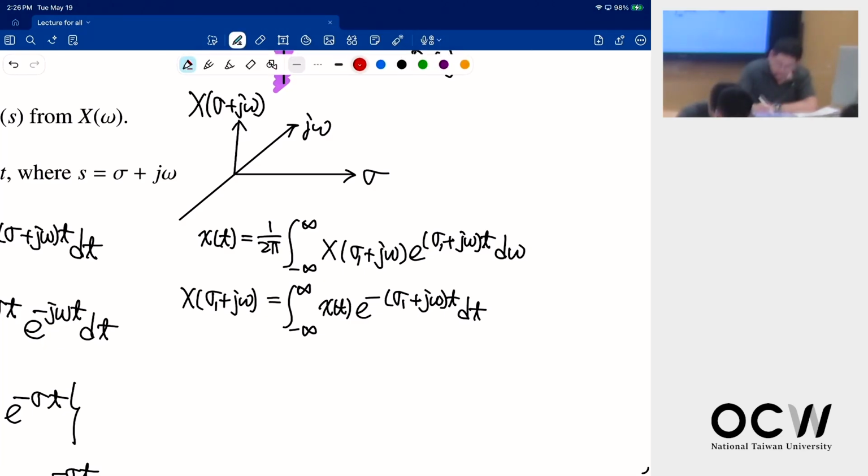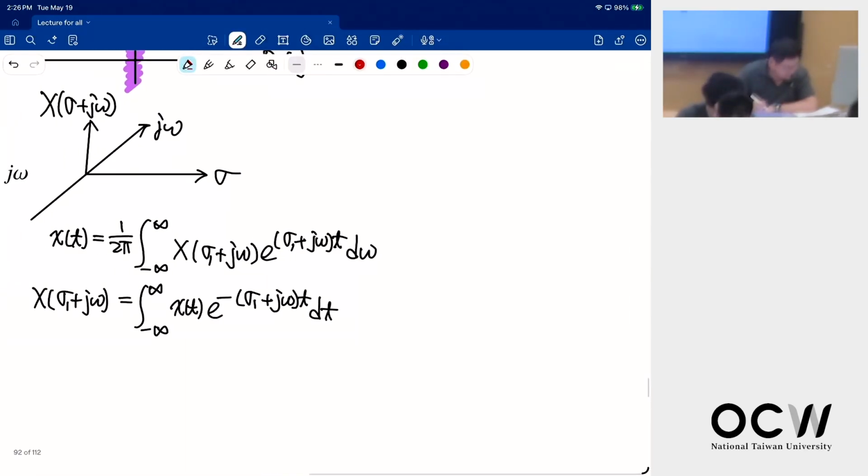We have e to the sigma 1 plus j omega t. If I take the conjugate, what do we have?